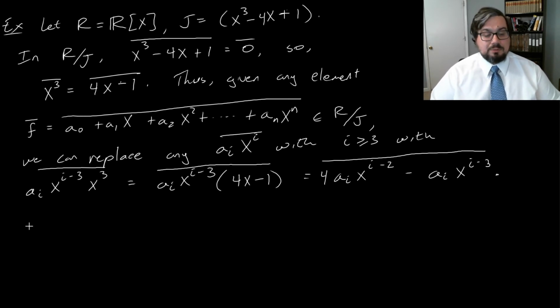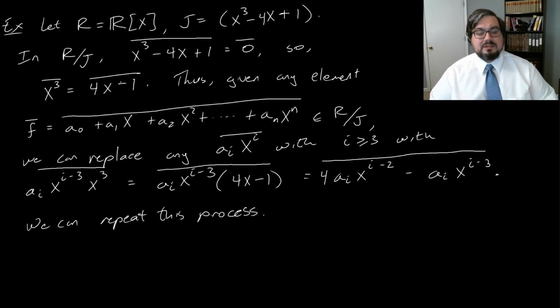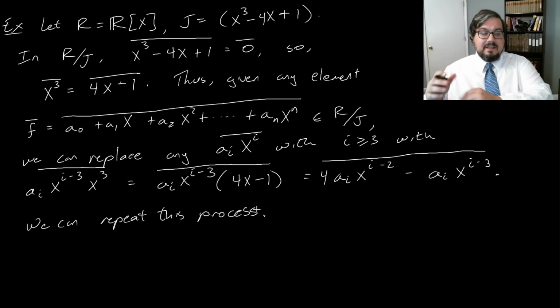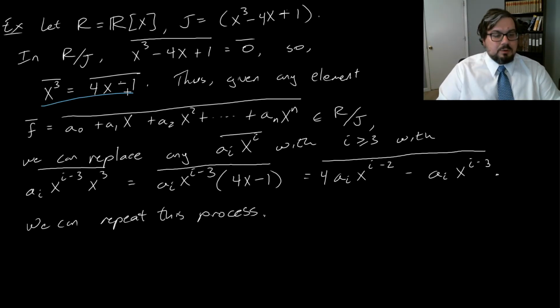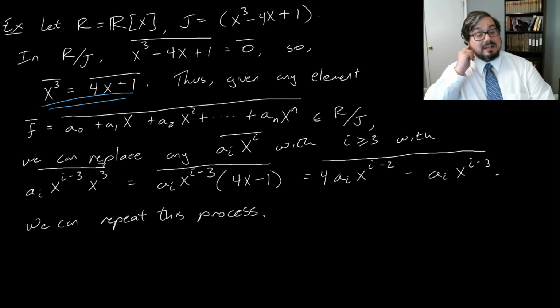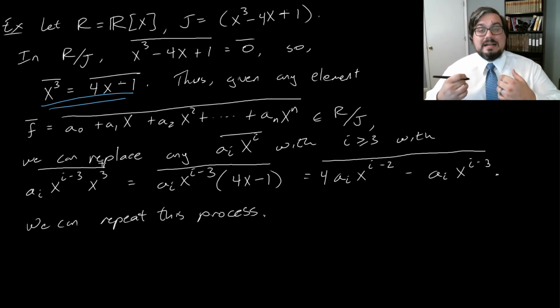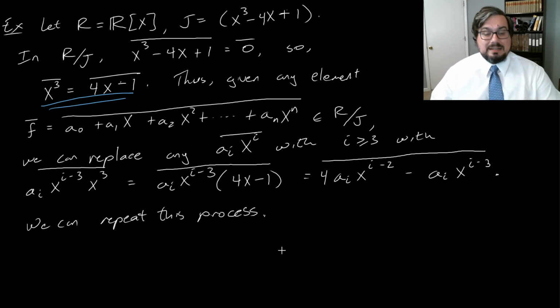We can repeat this process over and over again, starting with any polynomial, and then any term that has degree at least 3, we can use the equivalence x cubed equals 4x minus 1 in this factor ring to keep dropping the degree over and over again, as long as we have a term of degree at least 3.